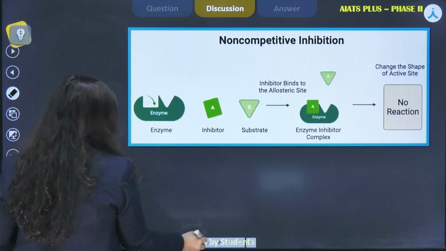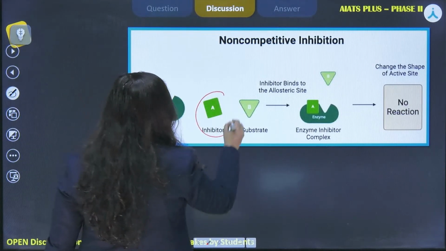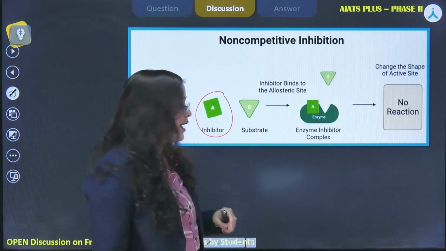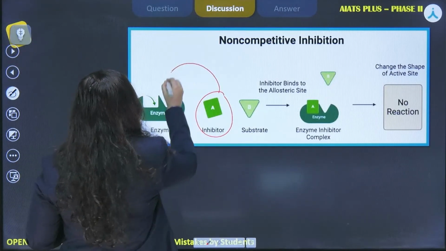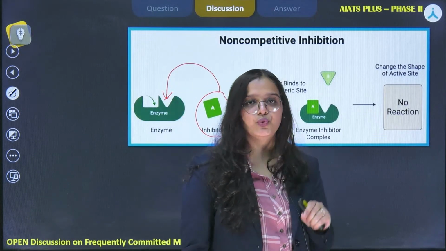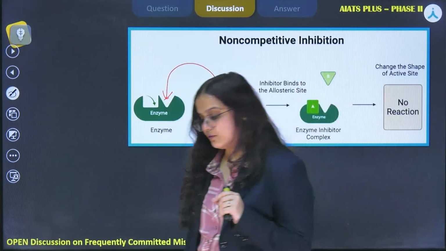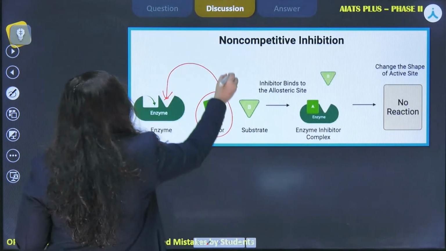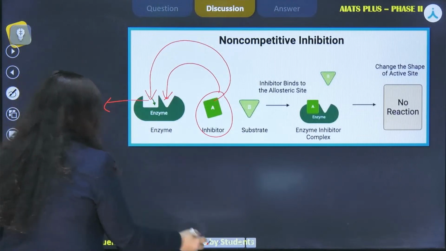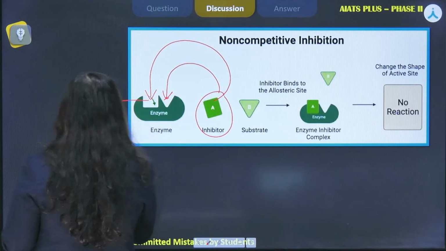As we can see, we have the inhibitor here. The inhibitor will not directly bind to the active site of the enzyme. Instead, it binds to the allosteric site of the enzyme.